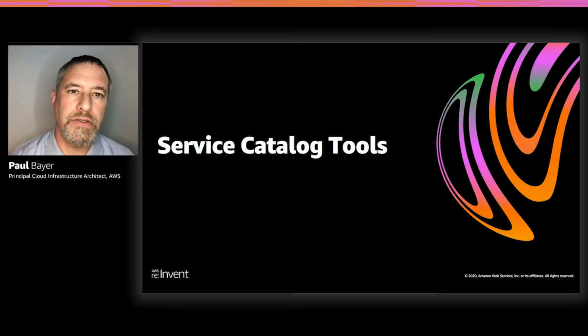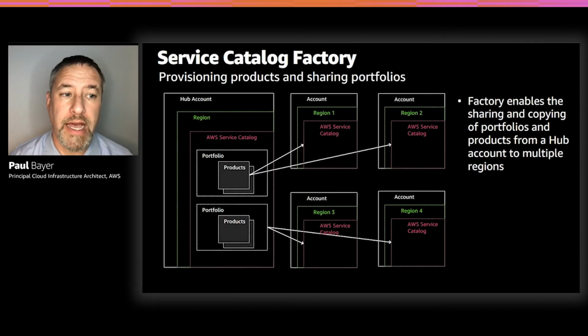The next tool we're going to look at is a tool called Service Catalog Tools. Now, this is different than Service Catalog, the AWS Service Catalog. This is a third-party tool called Service Catalog Tools. It's actually made up of two different pieces, the first of which is called Service Catalog Factory. Service Catalog Factory is the tool that allows templates, products, to be created within Service Catalog and pushed out to various accounts.